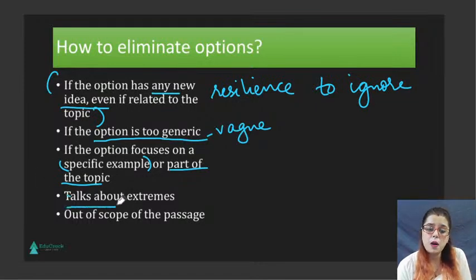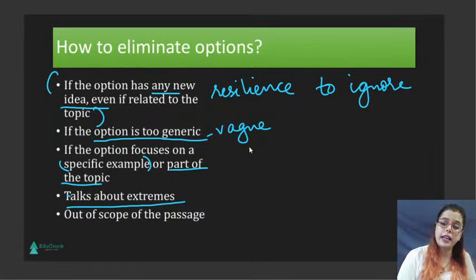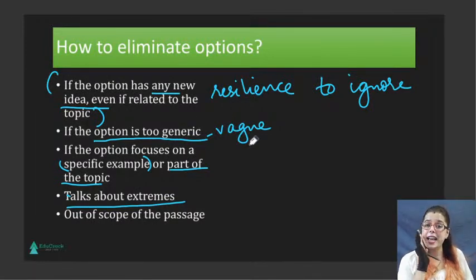If it talks about extremes, so one is too generic, it is talking vaguely about things. Second is, if it is talking about extremes, it is always like that, it is never like that, unless that extremity can be seen in the passage. If you feel that the passage is that extreme, then talking about extreme makes sense.